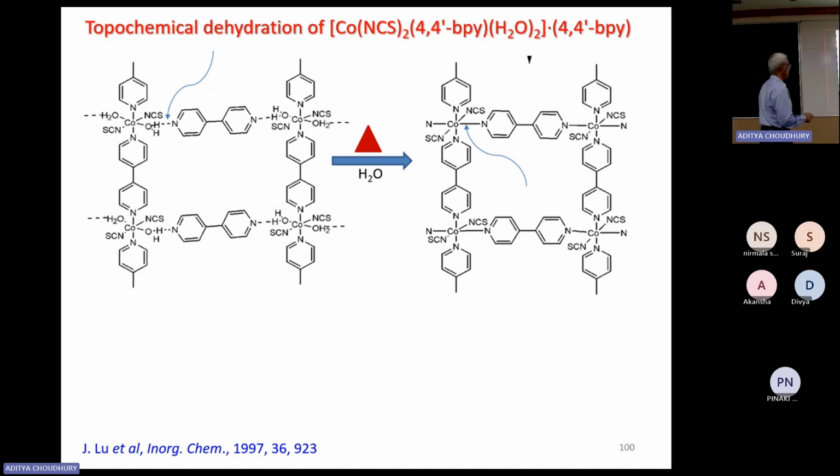Those who are interested in 2+2 cycloaddition reactions apply them to all these MOFs, and they also make it reversible. What's so special about reversibility? Many of these compounds show interesting luminescence properties, and when the cyclobutane ring is formed, there's no conjugation and there's no emission.